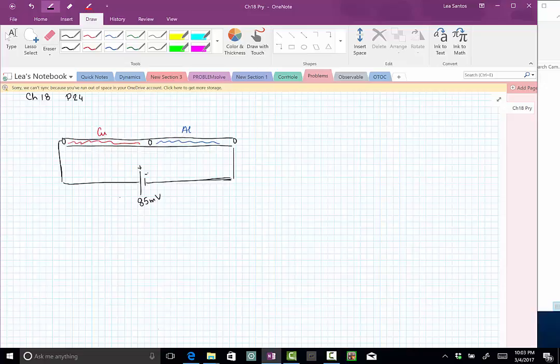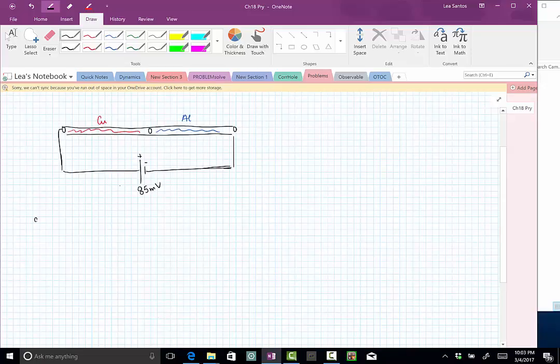We also know that the diameter of this wire does not change. The diameter is the same throughout. The diameter of this wire is 1 millimeter, which means that the radius is 0.5 millimeters. So with this radius, we can find the cross-sectional area of that wire, which is the same for copper as for aluminum.